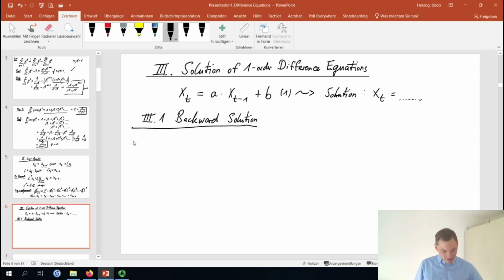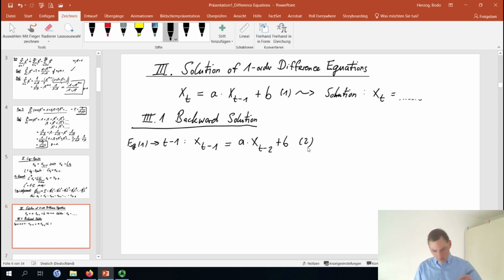We shift equation 1 one period into the past to t minus 1. That implies that on the left-hand side we have x t minus 1. Then we have a times x t minus 2, plus b. That gives you my equation 2.